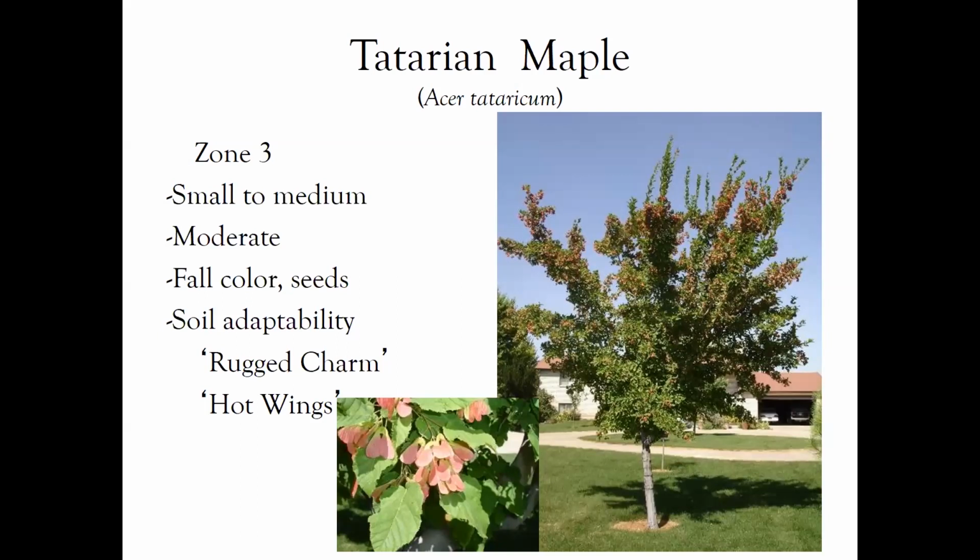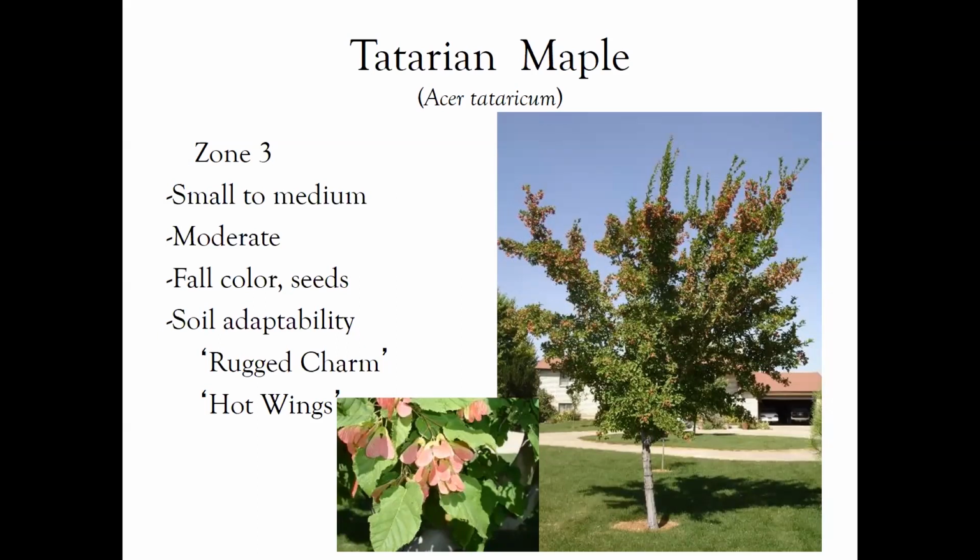Tatarian maple, Acer tataricum. This is a small tree. Again, another understory type tree, good for power lines and small yards. Moderately growing, with a kind of irregular crown. It does have a nice red fall color. Very adapted to soils.